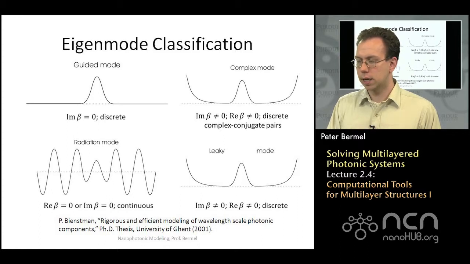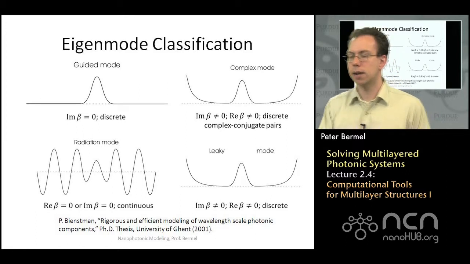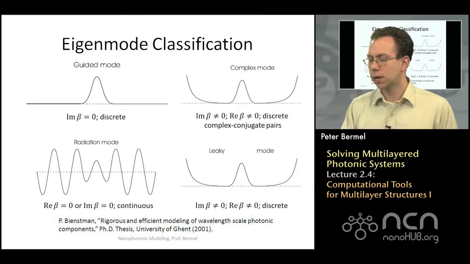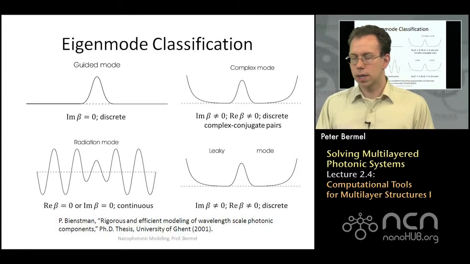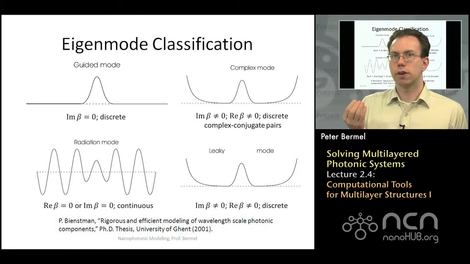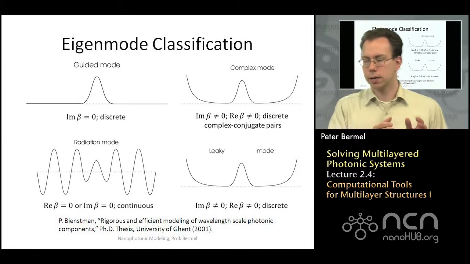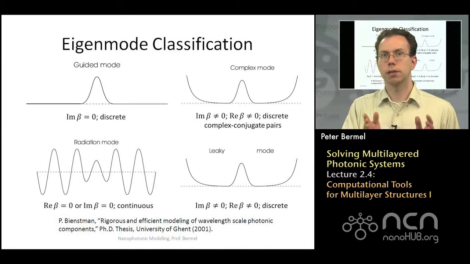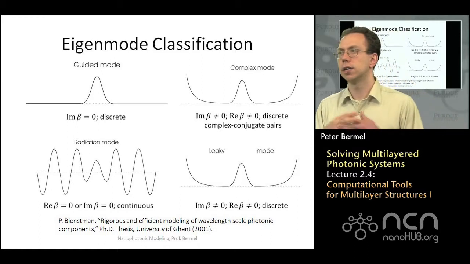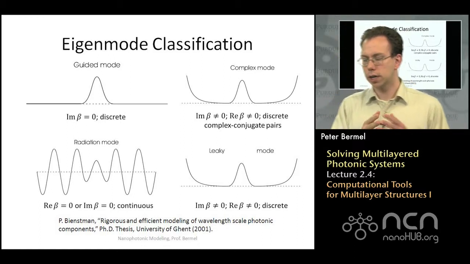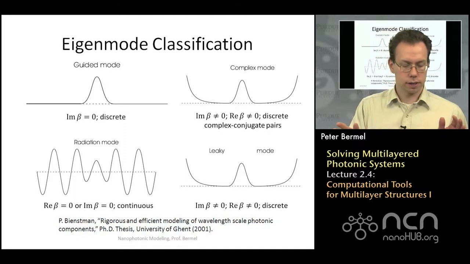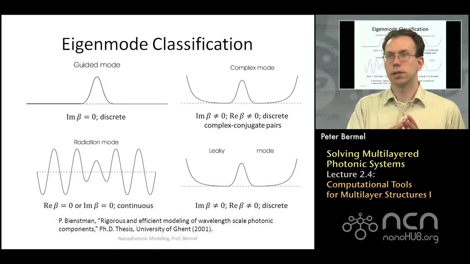And so you can see that the guided modes, complex modes and leaky modes have a lot in common, except the guided mode is the limiting case where the loss of that mode goes to 0. Those are all well confined and oftentimes have a certain discrete frequency and resonant quality factor associated with them. But those can all be contrasted with the radiation modes, where there's not necessarily any really strong resonance of that structure, and so it tends to propagate throughout the structure without stopping.